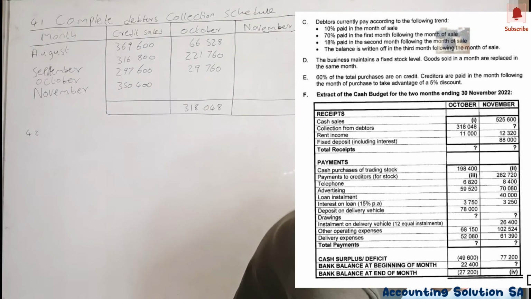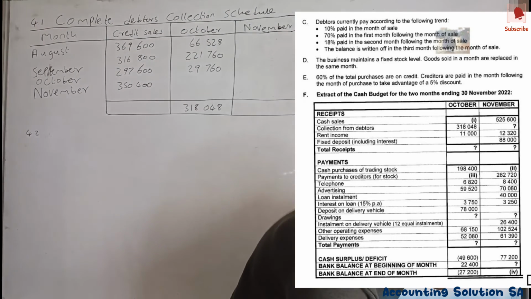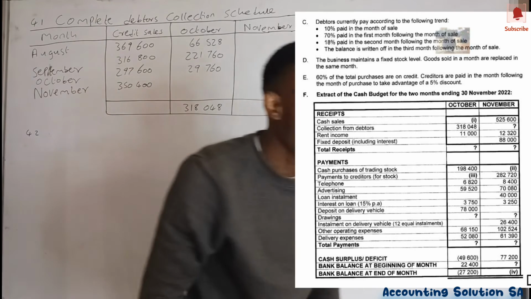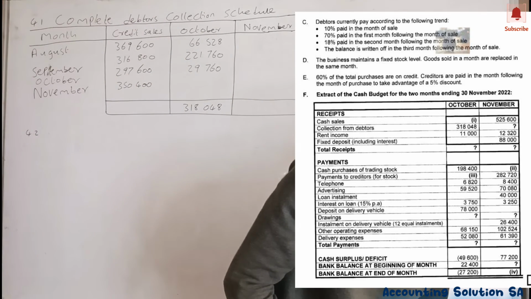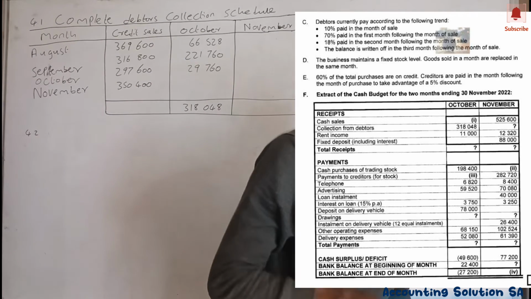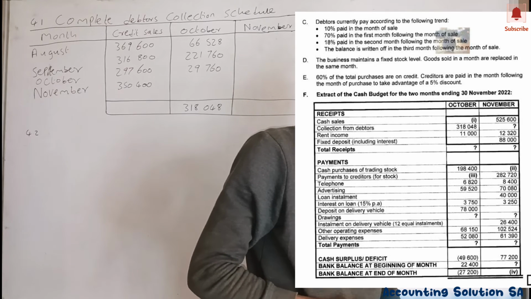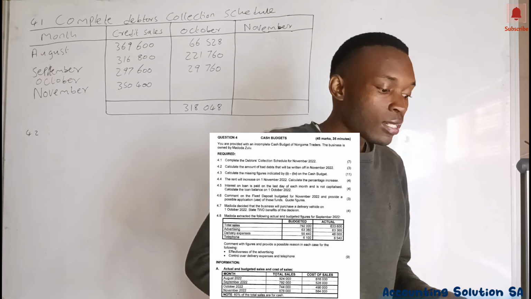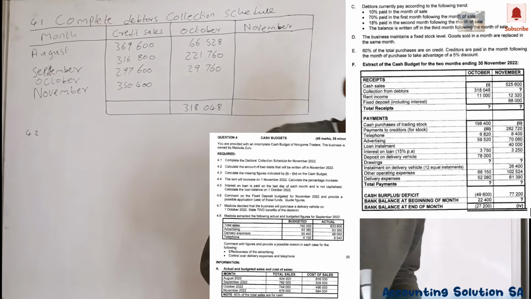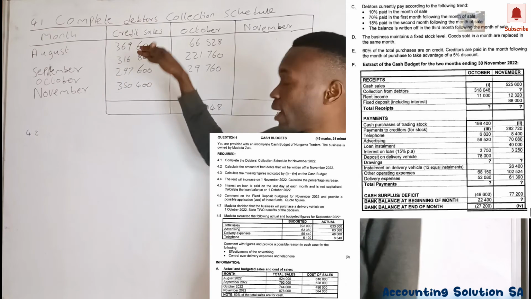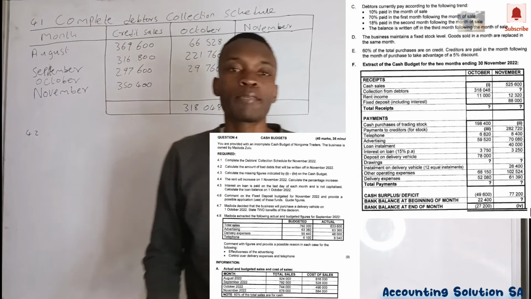So what we have to use is information number C. They said the debtors currently pay according to the following trend: 10% paid in the month of sales, 70% paid in the first month following the month of sales, and 18% in the second month following the month of sales.